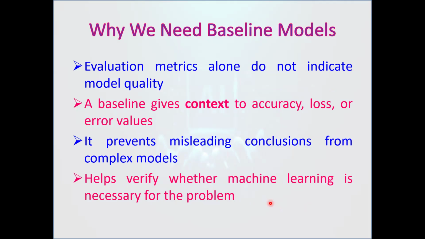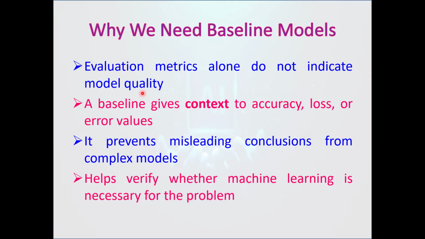Next, why do we need baseline models? Evaluation metrics alone do not indicate model quality. That means metrics such as accuracy, precision, recall, or loss values may appear impressive, but without a baseline, they do not reveal whether the model is genuinely good or not.